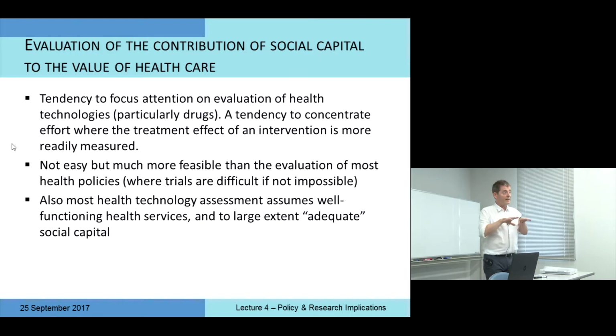What we sometimes find is when we're introducing a policy, it's quite difficult to introduce it everywhere at once. And so there's always some locations which may be leading ahead of others. There's always some that are further behind. Now that does give some opportunity. It's got its own problems as well, but it does give some opportunity to identify, if you like, the treatment effect of the health policy.